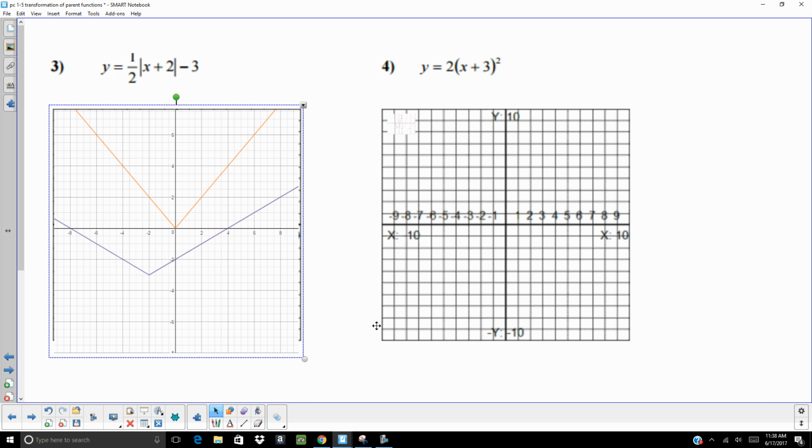All right, on number 3 here, my parent function is just an absolute value. It's being shrunk by a factor of 1/2. Another way to look at that is I'm multiplying all my y values by 1/2.